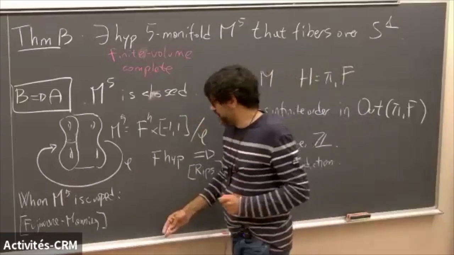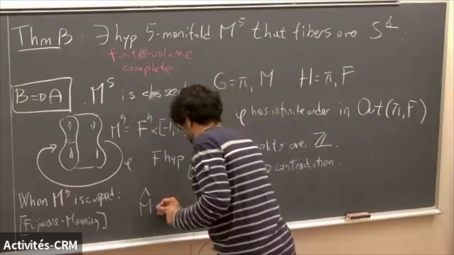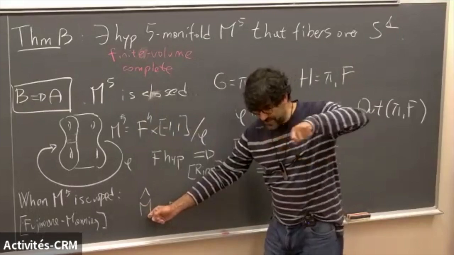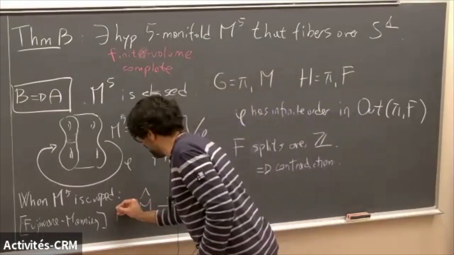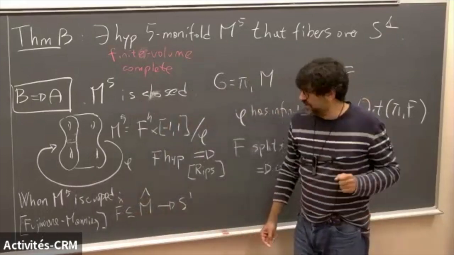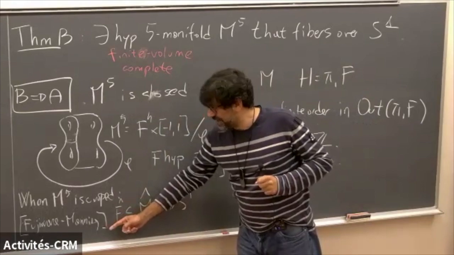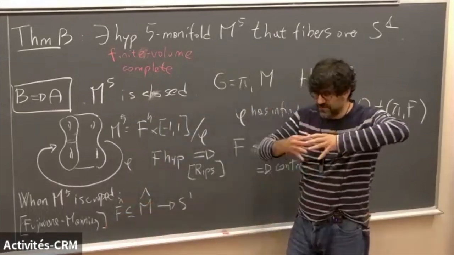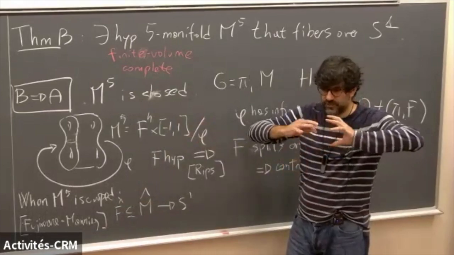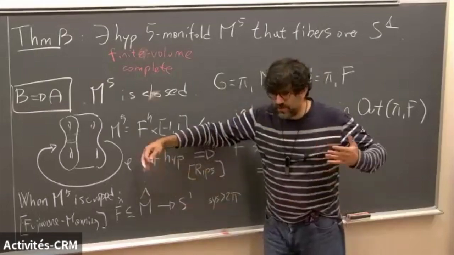So actually you get something like a fibration of a pseudo-manifold where some circles have been added, and the fiber is going to be also a pseudo-manifold. But the point is that if the cusp sections that you choose are sufficiently large, so if you choose cusp sections where the systole is bigger than 2 pi, then everything you get is going to be hyperbolic in some sense.